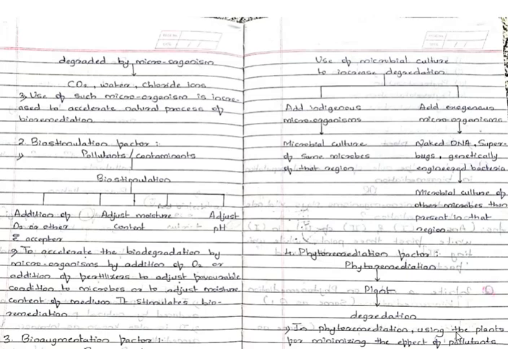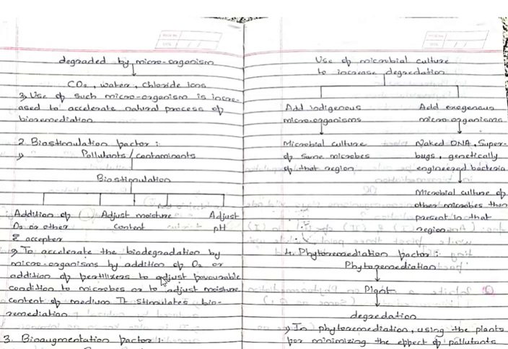These microorganisms should accelerate the rate of biodegradation or rate of bioremediation. That's why the pollutants are biodegraded and controlled. Then second is the biostimulation factors.